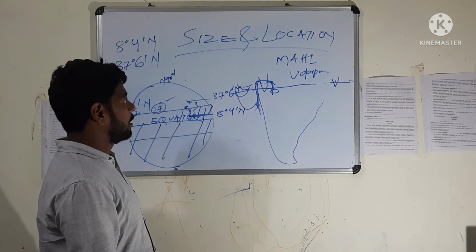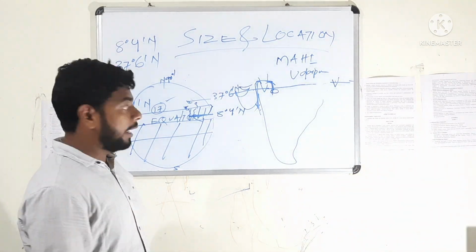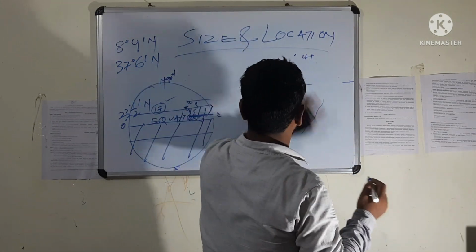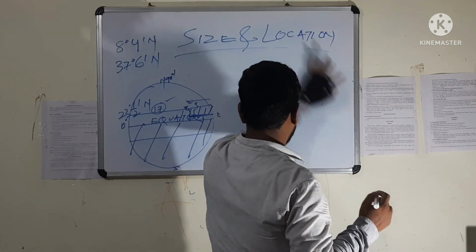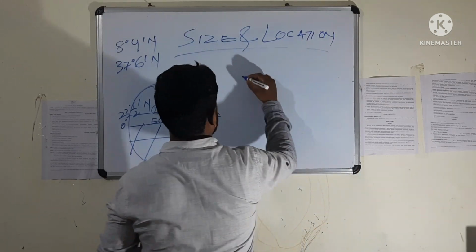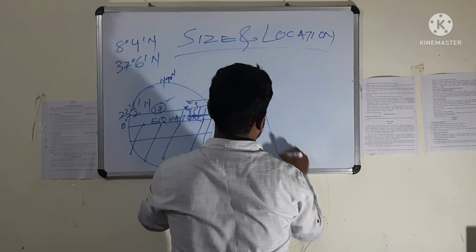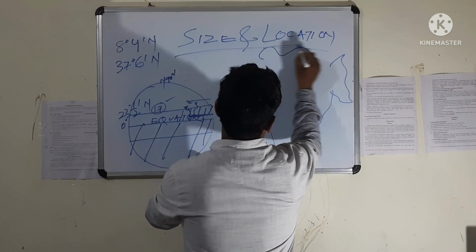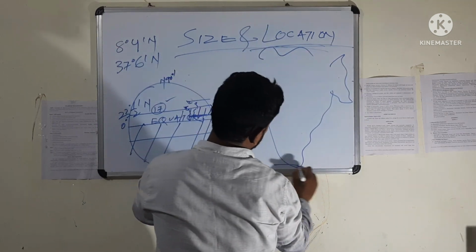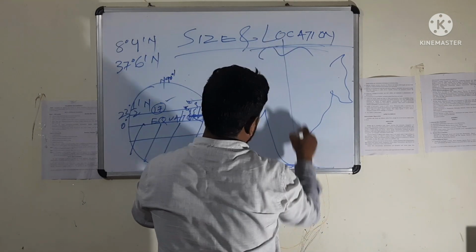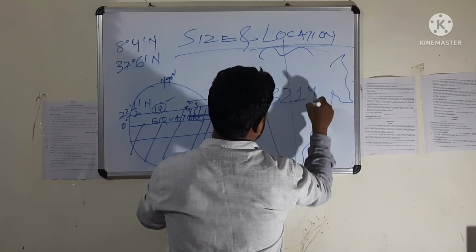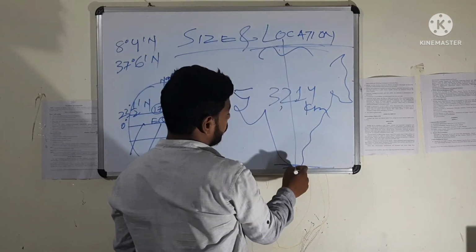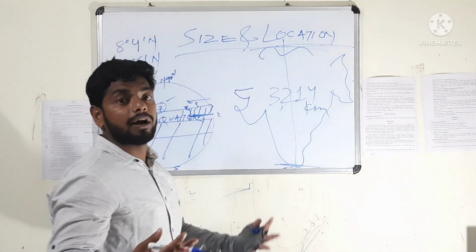Next, India extends from north to south extreme latitudes. The length, as I said, from north to south extreme latitudes of the mainland is 3214 kilometer.